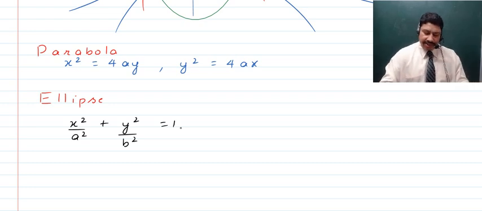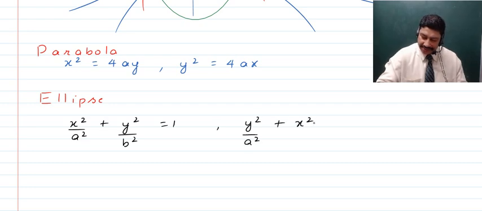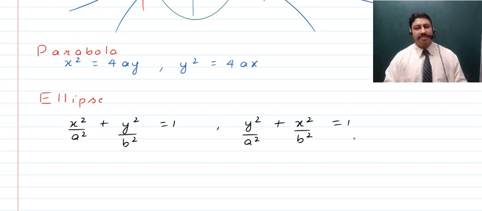Okay, so this is the equation of one of the ellipses, and the other equation except this is y square upon a square plus x square upon b square is equal to 1. Samriddhi, were you able to make out something? Yeah, today the spotlight is on you. So can you find some difference here?